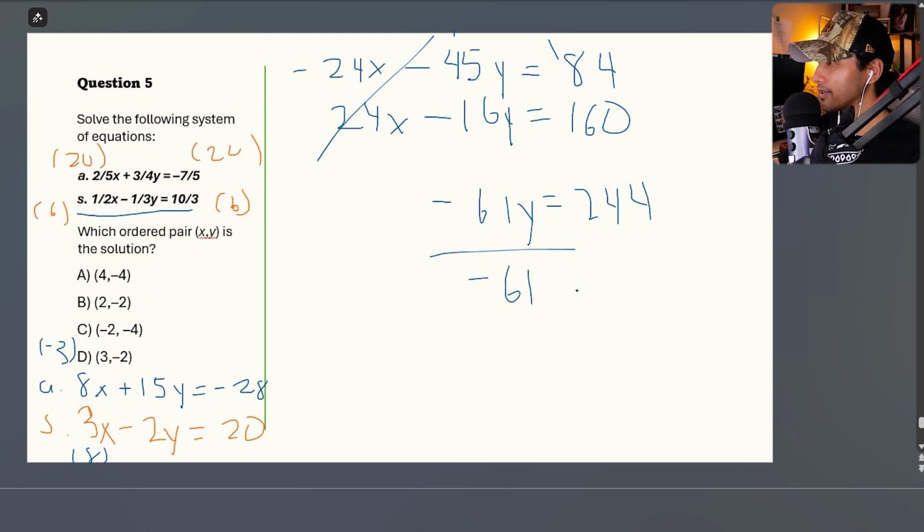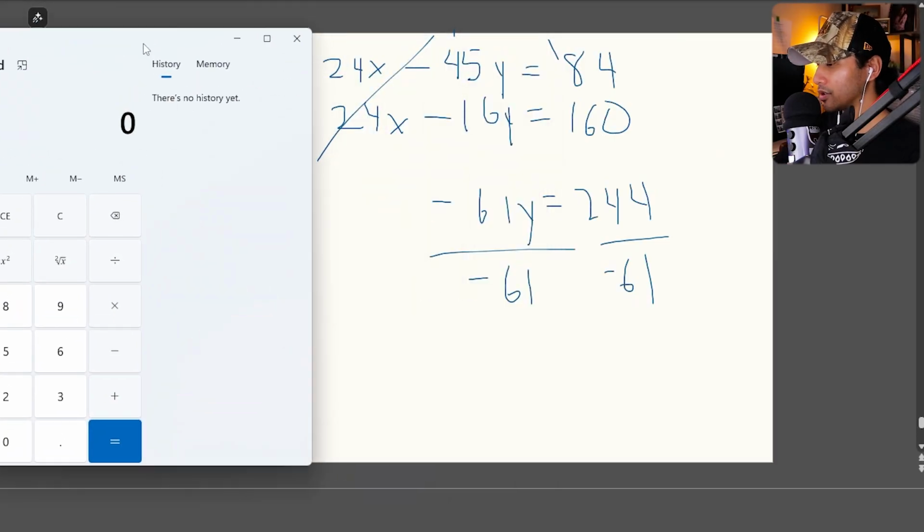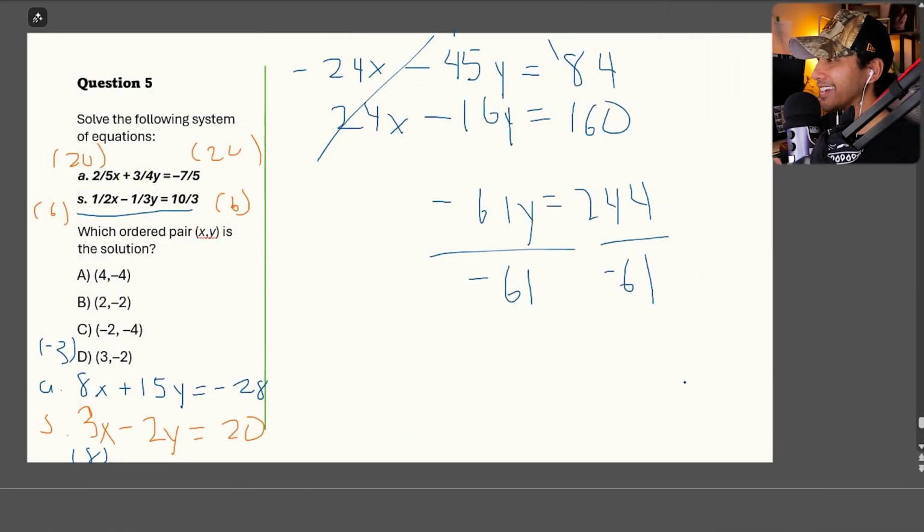Does this make sense? I'm going to use a calculator for this. 244 divided by 61 is 4. Nice. Okay. You won't be able to use a calculator on the test. So you didn't see me do that.